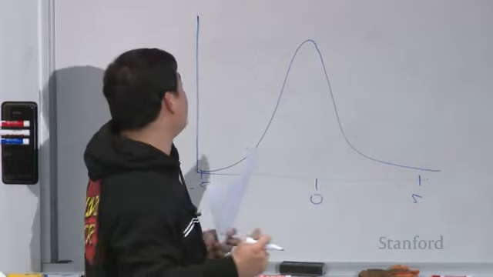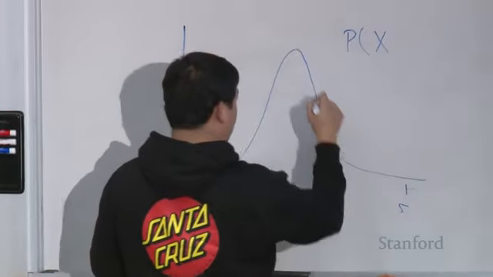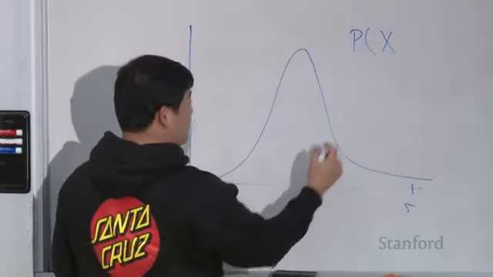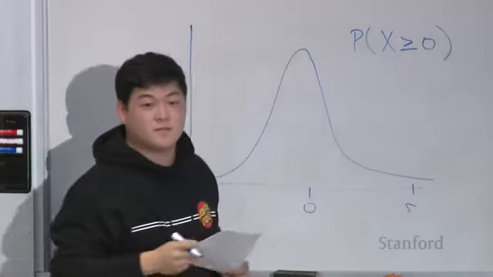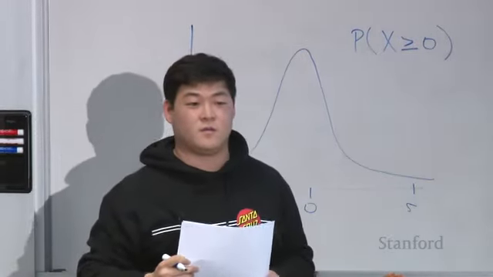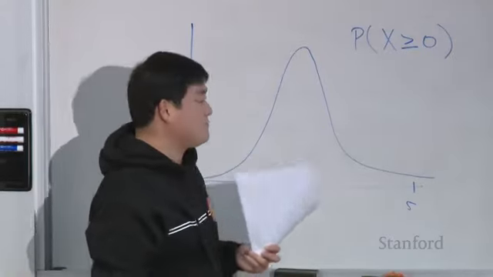So can anyone tell me, if I took x to be 0, what would the probability of X being greater or equal to 0 be? 1/2.